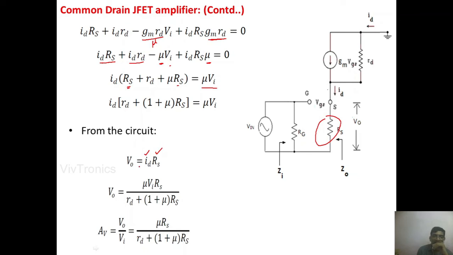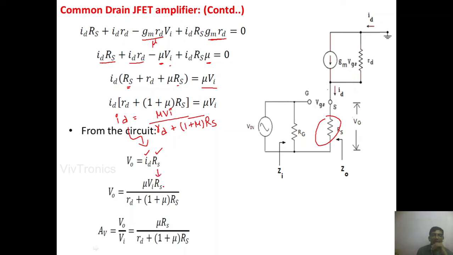Just now we calculated the ID current: ID is equal to mu VI divided by this entire term, rd plus (1 plus mu) into RS. Now we can replace this ID in the V0 equation, which becomes mu VI divided by rd plus (1 plus mu) RS, into this RS term.